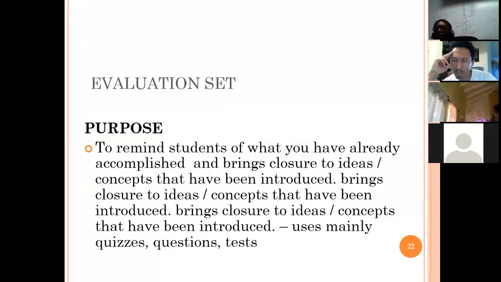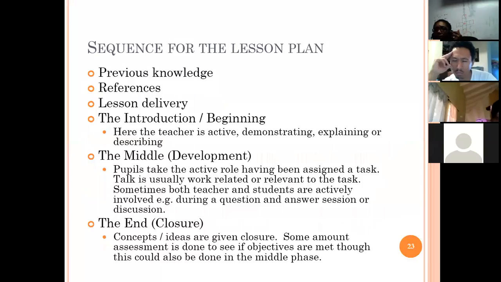Let's go down to the end. So your lesson has all of this. In the beginning of your lesson is your orientation set. It has a middle and it has an end.